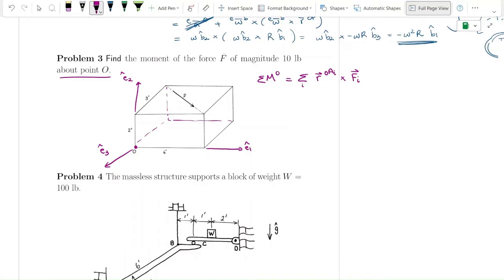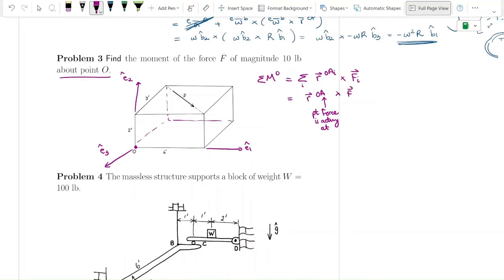So in this case, we really just have one force, so we would just have R from O to the point that the force is acting at, crossed with F.